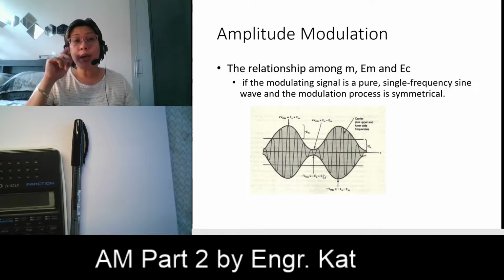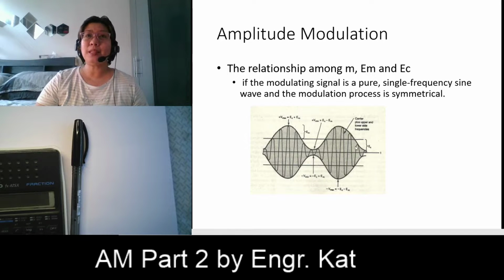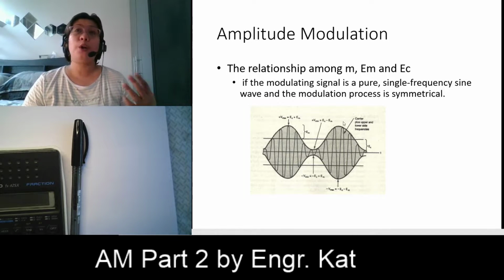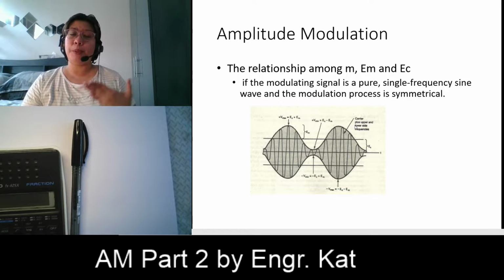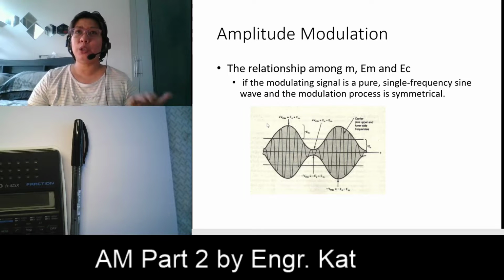In this case, when we are given the maximum and the minimum voltage, we can still solve for the modulation coefficient. For example, we are not given the peak EM and the peak EC. Can we still solve for the modulation coefficient?